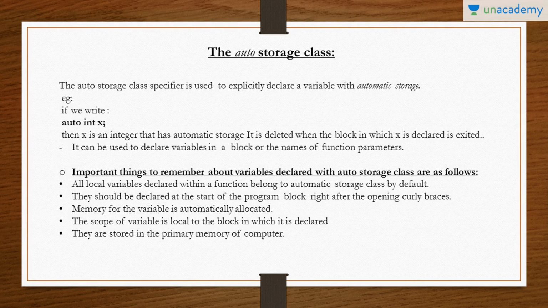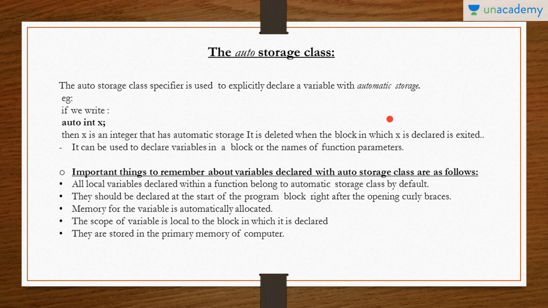Let's move ahead and learn what the auto storage class is. This is our first storage class. The auto storage class specifier is used to explicitly declare a variable with automatic storage.